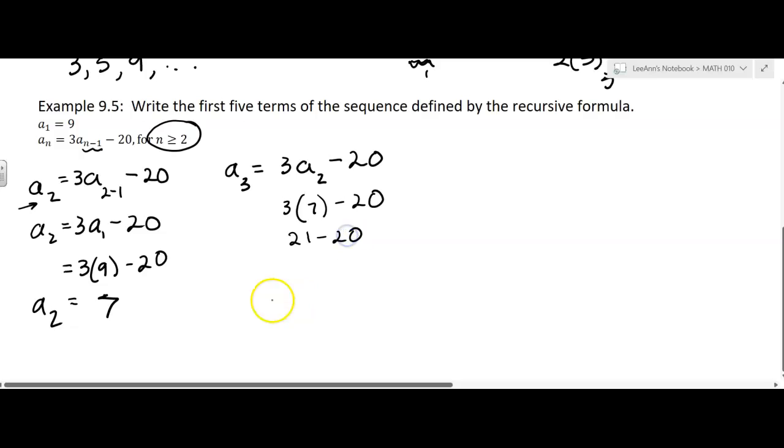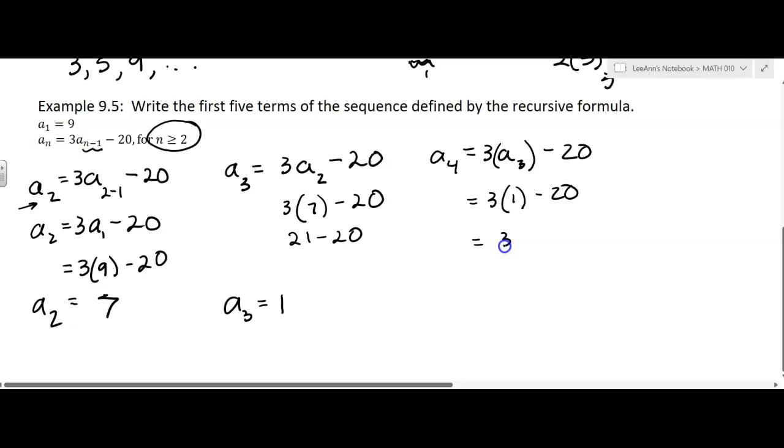So a sub 3 is equal to 1. A sub 4 is going to be 3 times a sub 3, minus 20. So that's 3 times 1 minus 20, which is 3 minus 20, which is negative 17.